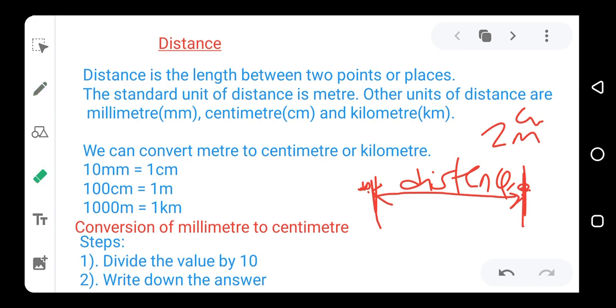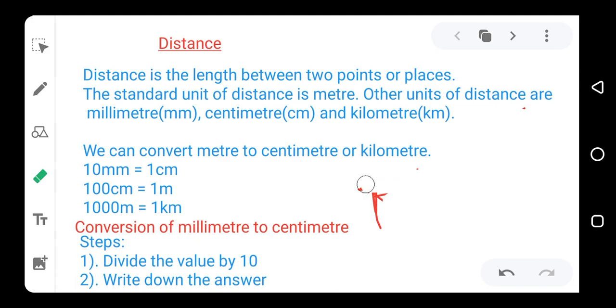So the unit of distance is meters. Anytime you write the length of something, you will always put meters in front of it.